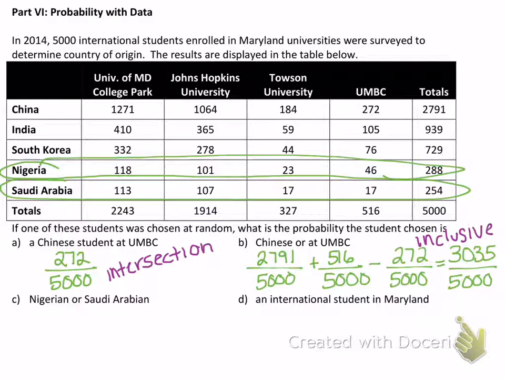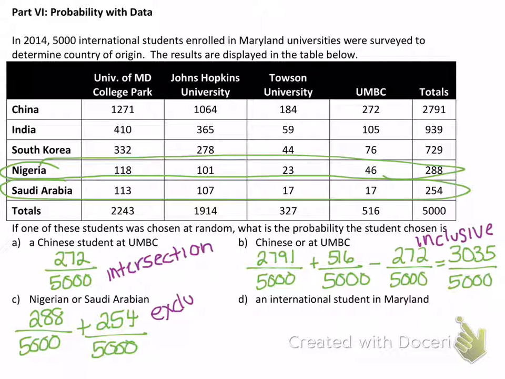So if you were Nigerian, it'd be 288 over 5,000, plus, because it says or, 254 for Saudi Arabian. I don't have to subtract anything because these are completely different events. These are exclusive, meaning we just add them together, and our answer is 542 over 5,000. And notice when I circled those rows, there was no overlap.